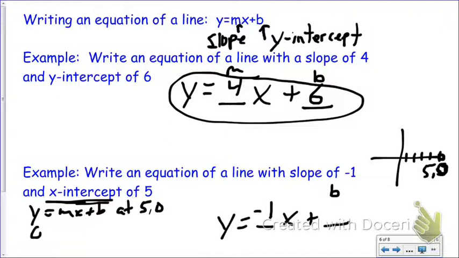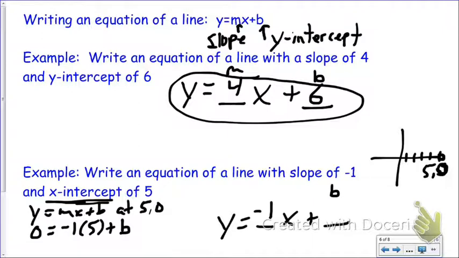So the y would be 0, so 0 equals, we know the slope is -1, and we know the x is 5 at this particular point, plus b. Okay, so when we find this b, then we know that must be the equation, because that's the only way that 5, 0 would work in this equation.